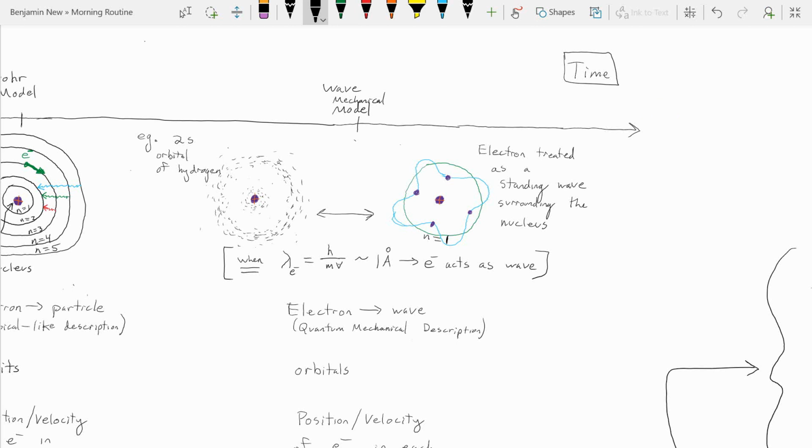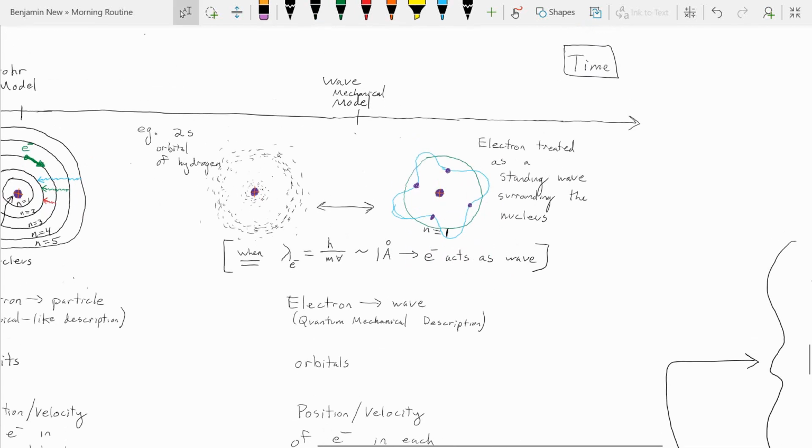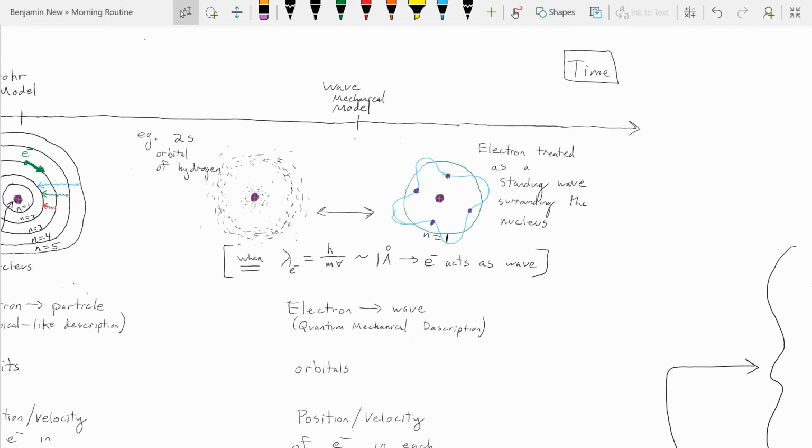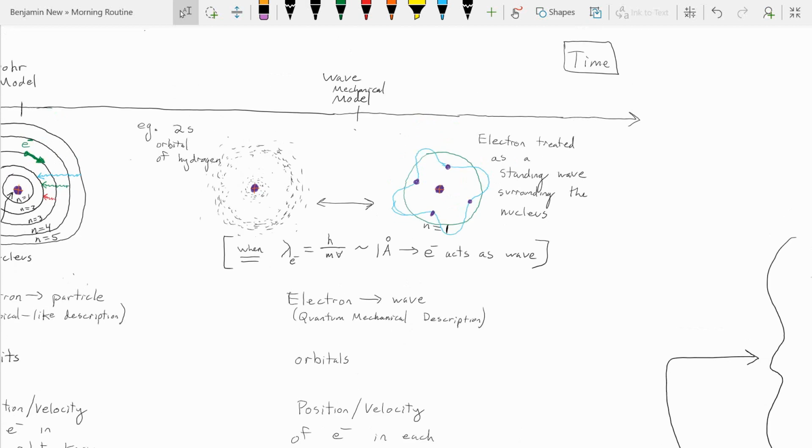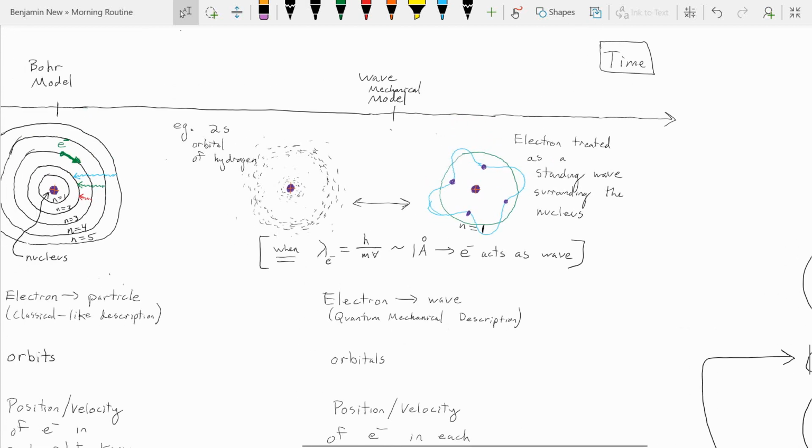What that means is that we should actually consider the wave-like properties of the electron, since the de Broglie wavelength in that scenario is on the order of the length scale of the atom we're considering. So the wave-like properties of the electron should probably be important. Because of that, they said, let's instead treat the electron as a wave and see what happens.